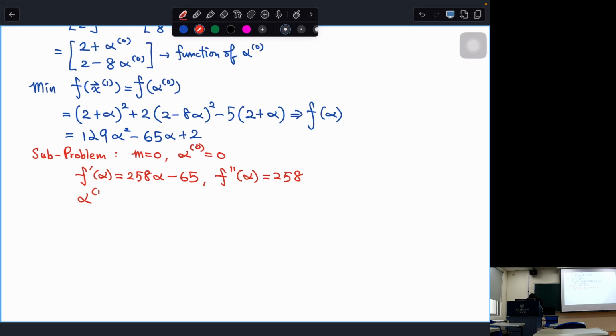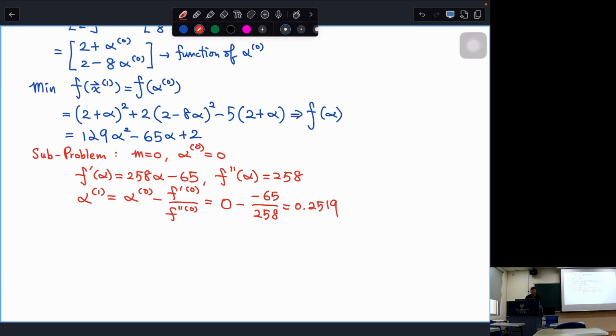So then just solve it like Newton's method. So alpha 1 equals alpha 0 minus f prime of 0 over f double prime of 0. So you will have 0 minus negative 65 over 258. So that gives me 0.2519.